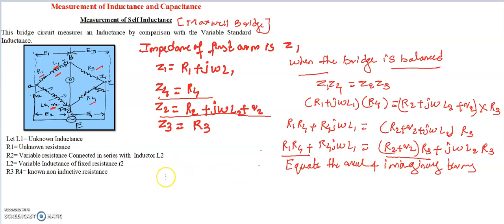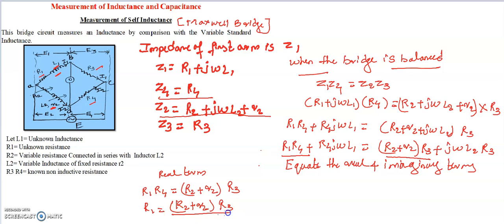So R1 R4 equals R2 plus small r2 into R3. We know R4 and R2 plus small r2 into R3, so the only unknown quantity is R1. So R1 equals R2 plus small r2 into R3 divided by R4. So we got the value of R1.